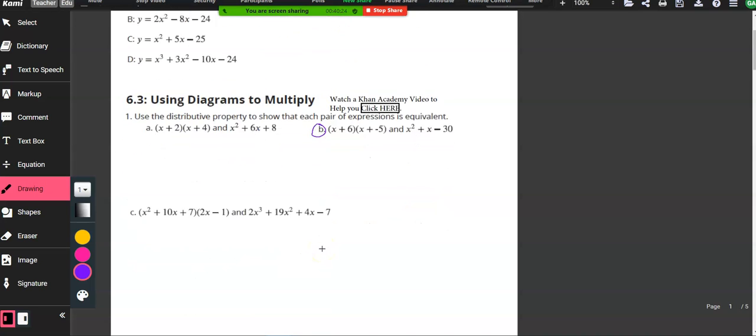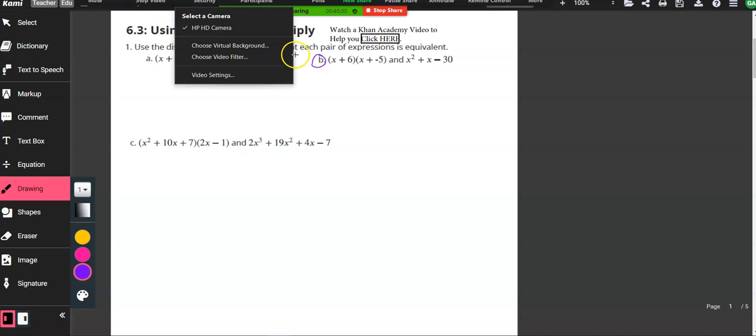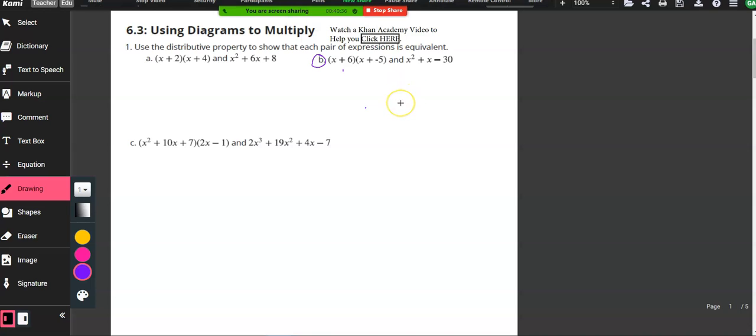So let's see here. On this activity, it says use the distributive property to show that each pair of expressions is equivalent.